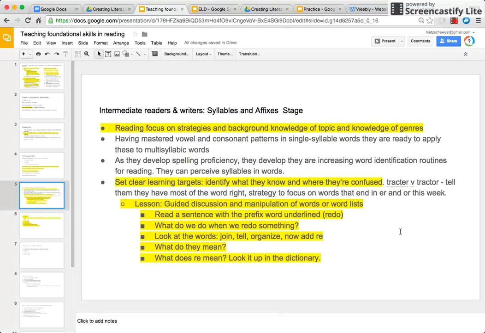Intermediate readers and writers in the syllables and affixes stage are readers that are exploring genres, background knowledge, and reading strategies. So there's a lot of your reading program right there. Along with that, they're building their word recognition and fluency, and that's with the word work that you're going to be doing.